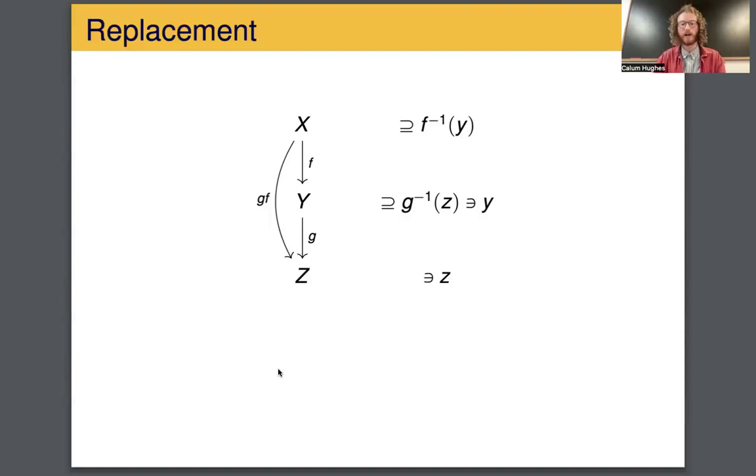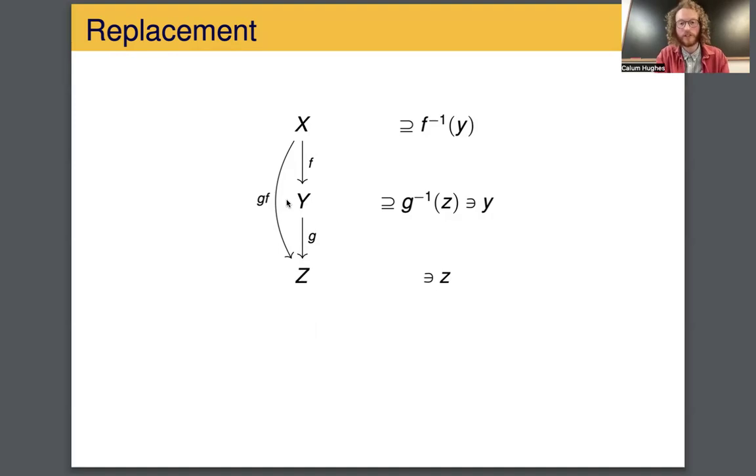Okay, so I'm going to recall to you what the axiom of replacement is, presented in a slightly different way than normal. So if we have now this notion of classes as well as sets, and X, Y, and Z are classes, and F and G are class functions, we can say that G has small fibers if above every element of Z, the preimage G^{-1}(z) is actually a set rather than a class.